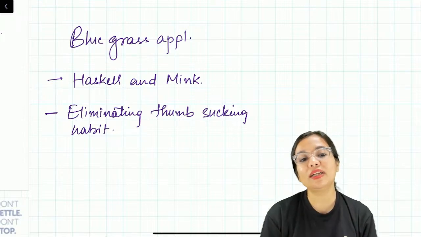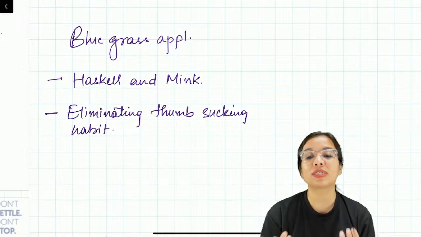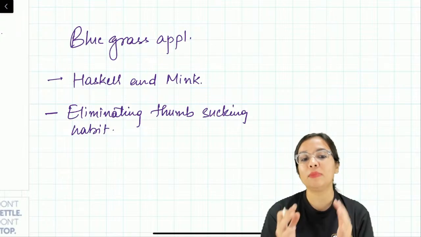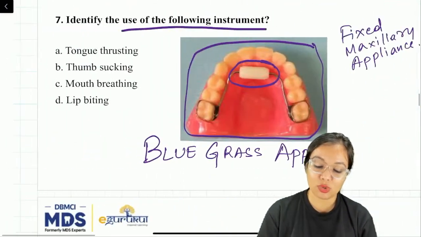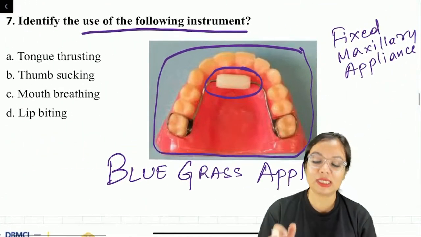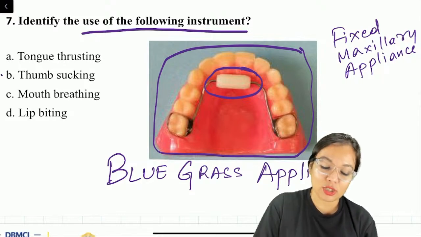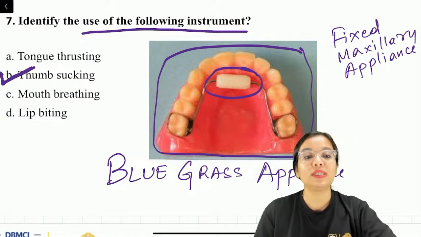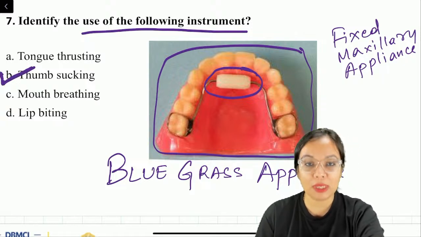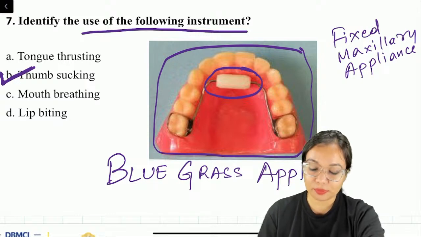It is indicated for children who continue a thumb sucking habit, which can affect the mixed and permanent dentition. So the answer here is that the instrument is a bluegrass appliance, and it is used as a therapy for thumb sucking. So the answer here is B, that is thumb sucking.